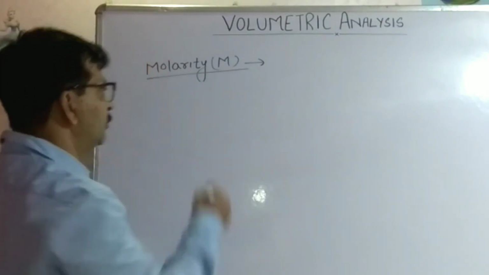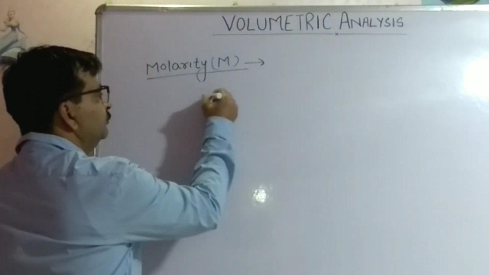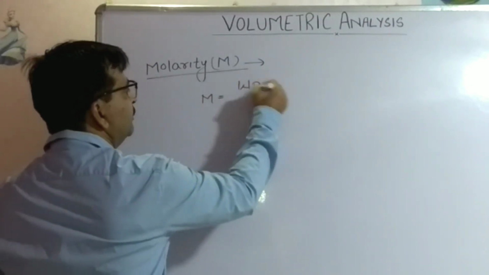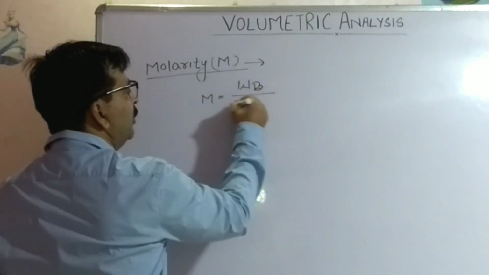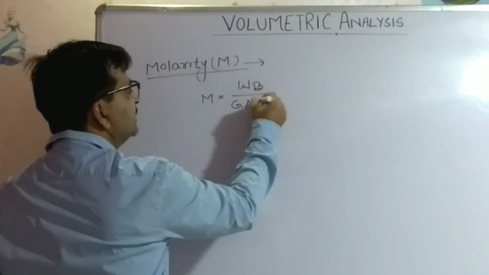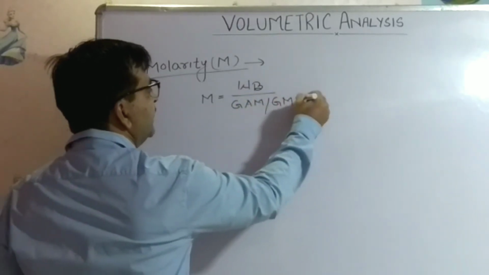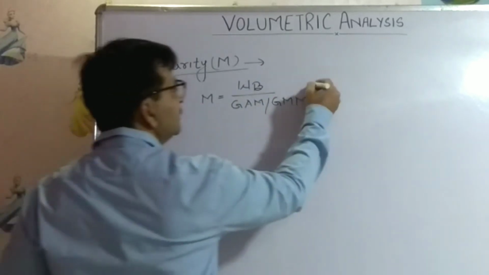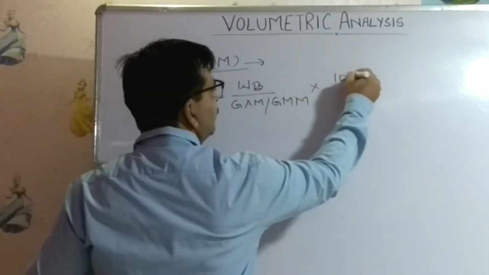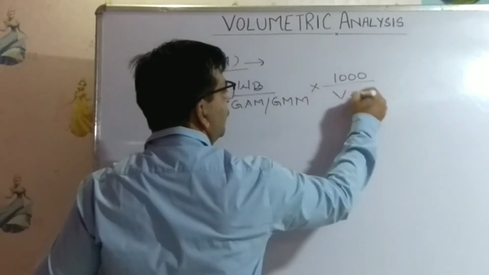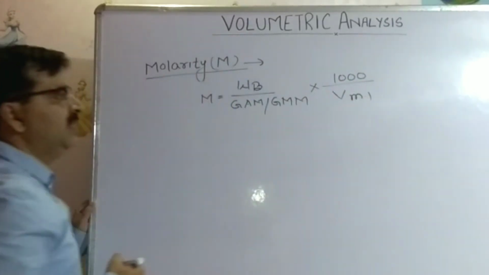M is equal to WB upon gram atomic mass or gram molar mass for getting the number of gram moles, into 1000 upon volume of solution in ml.